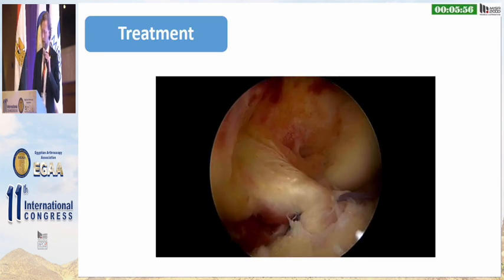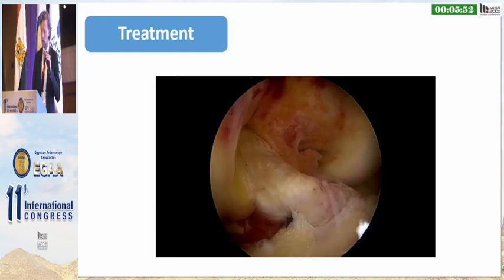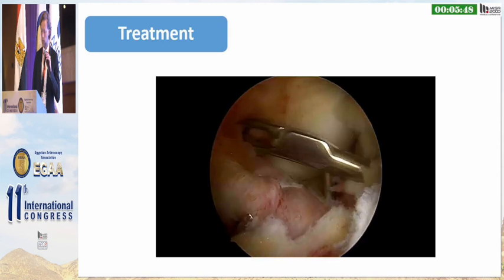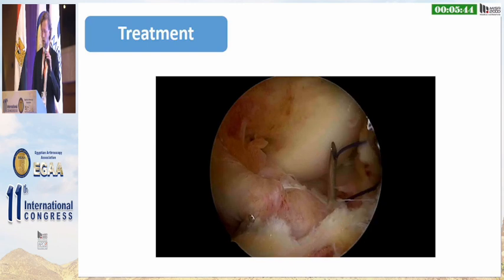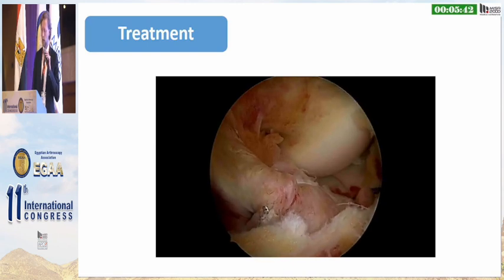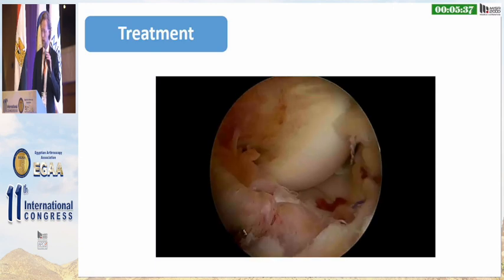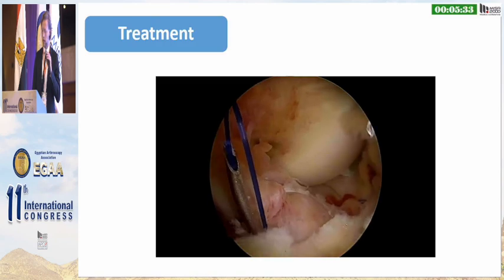We usually fix them on the tibial side with either a button or a push lock anchor, works well as well. And then in most of the cases, we use a second tape, more anterior, to reduce it completely. Again, one medial and one on the lateral side.